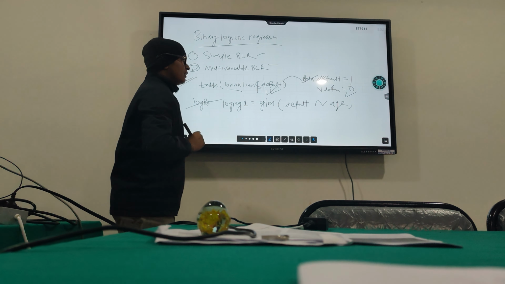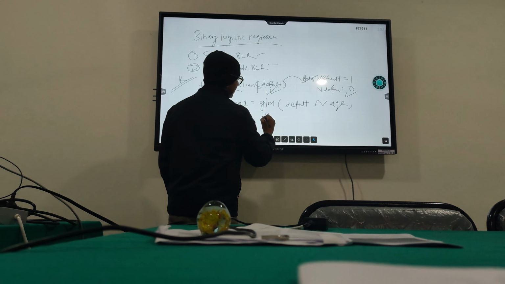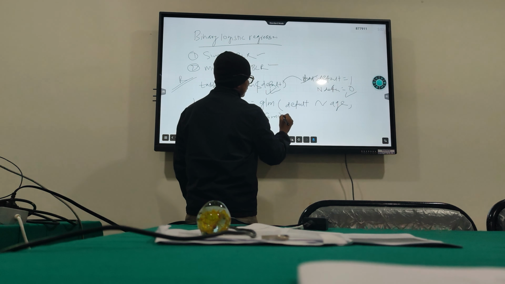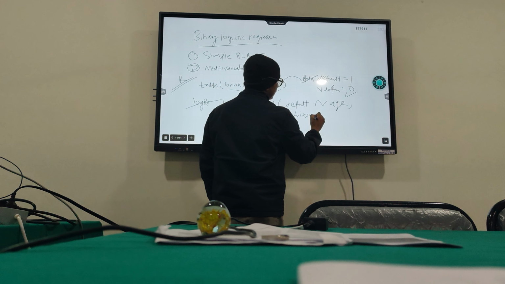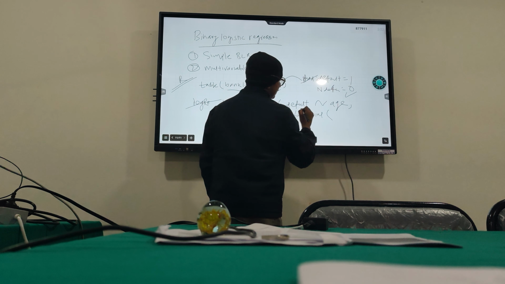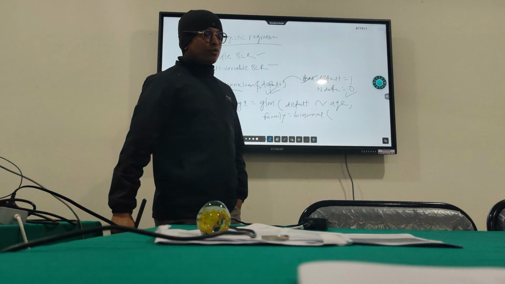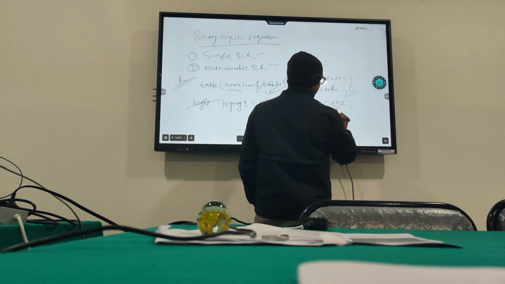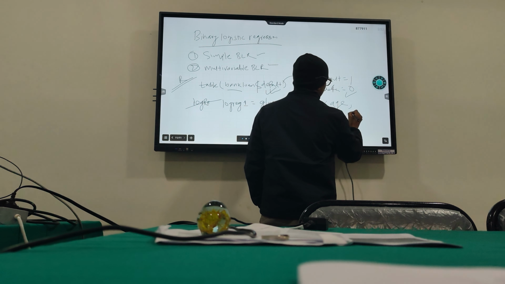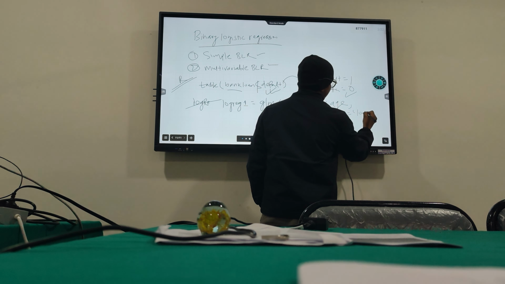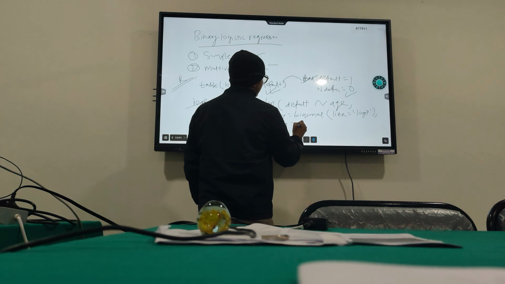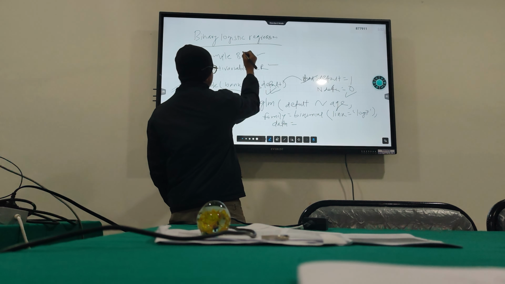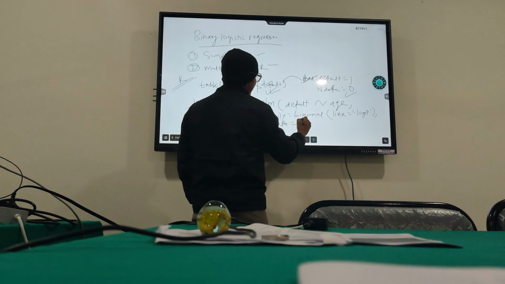Now we need to call family equals binomial. In binomial, we have to set the link, link equals logit, which means logistic regression. Then data: which data set are we working on? Data equals bank loan.